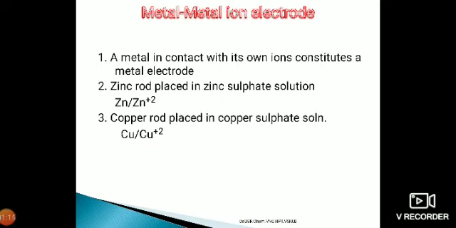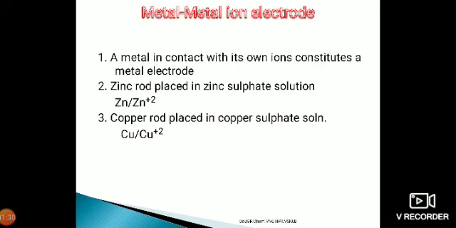Electrode reactions for these electrodes can be written in terms of reduction as Zn2+ plus 2 electrons giving rise to Zn. For the copper electrode, Cu2+ plus 2 electrons giving rise to Cu, and silver ions accept one electron to give rise to a silver atom. Such electrodes can be set up with any metal that is of intermediate activity.